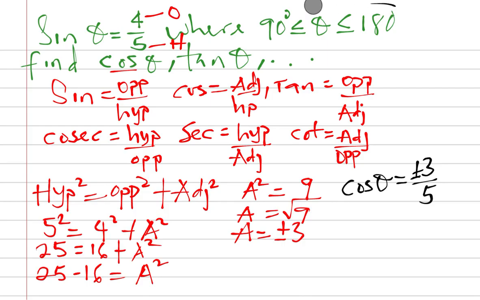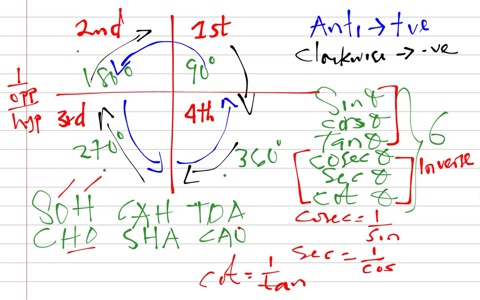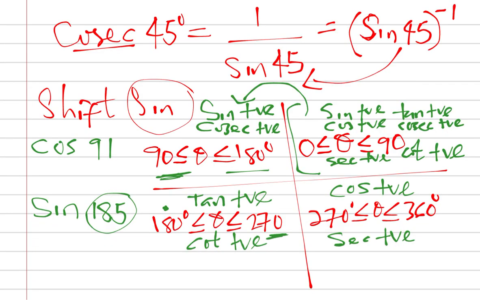This thing, 90 less than theta less than 180, is under which quadrant? You can see that is under the second quadrant. And under the second quadrant, we said cos is negative.